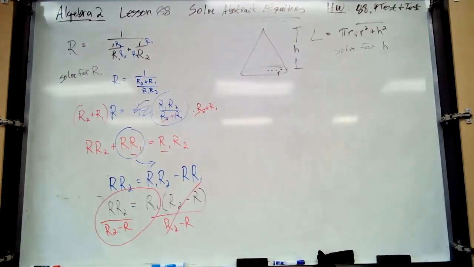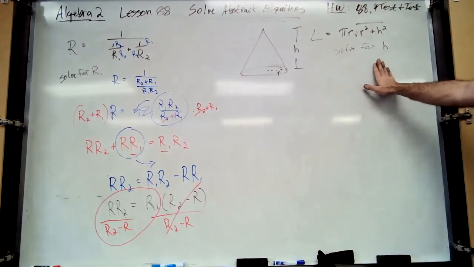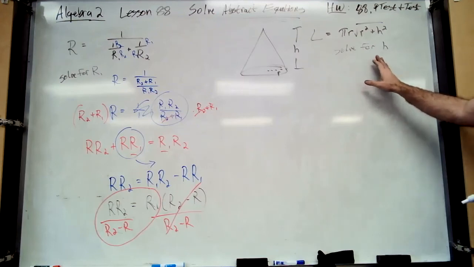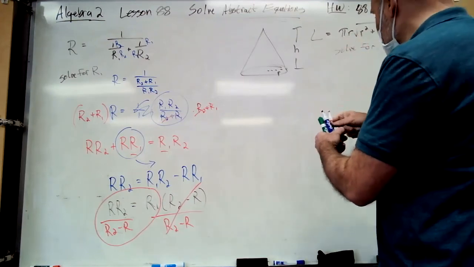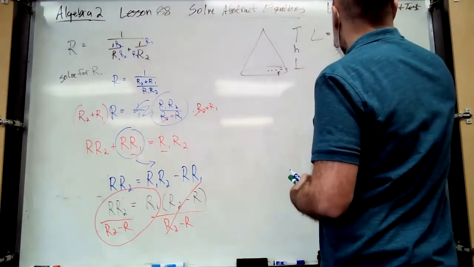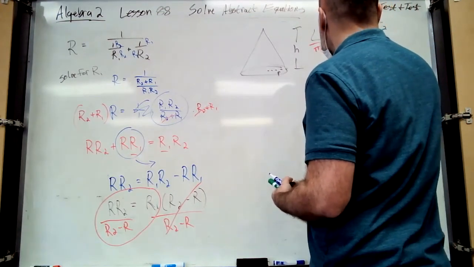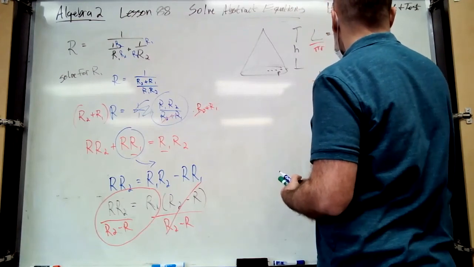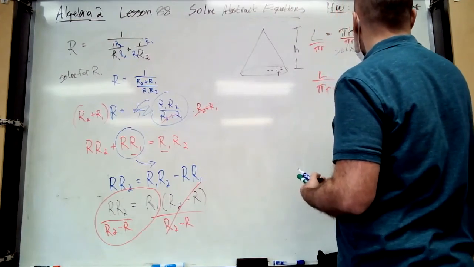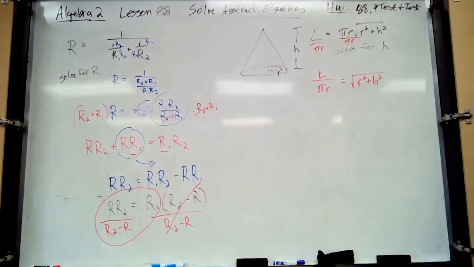So the first thing I do is it's a radical equation. So let's get the radical by itself. To get the radical by itself, we're going to divide by pi r. So we got L over pi r equals the square root of r squared plus h squared. Now what do? What's your gut tell you?